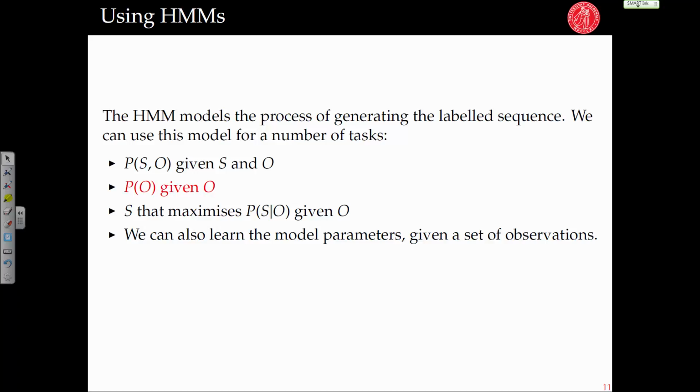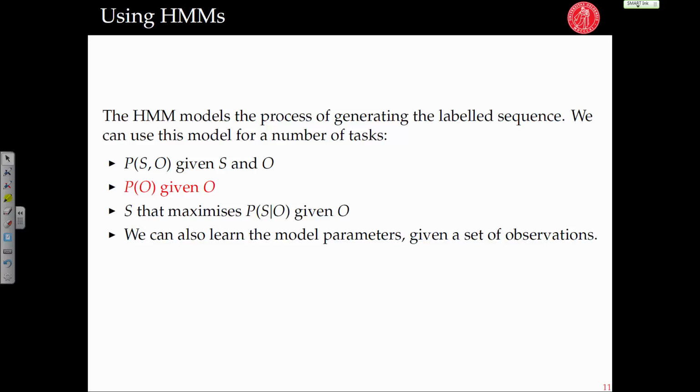You can also compute things like the probability of the observation sequence. Big O is always a sequence in this slide. Big O and big S are always referring to sequences. So the probability of the sequence of observations O. So what would this be?